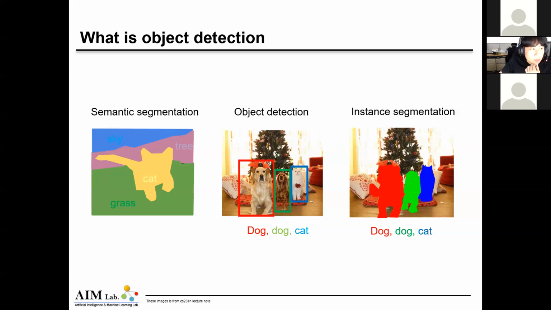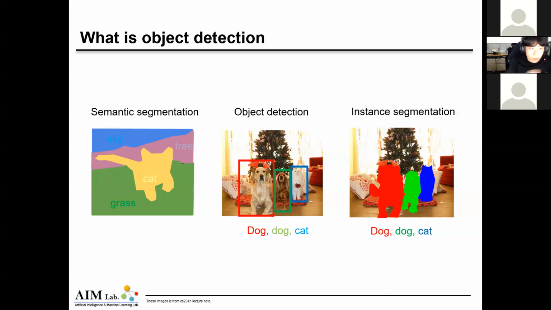And the other task, instance segmentation, is a more complicated problem than object detection. Very similar to semantic segmentation, it also has to propose for each pixel which class it belongs to. More simply, semantic segmentation only classifies each pixel to some class. But instance segmentation is different.